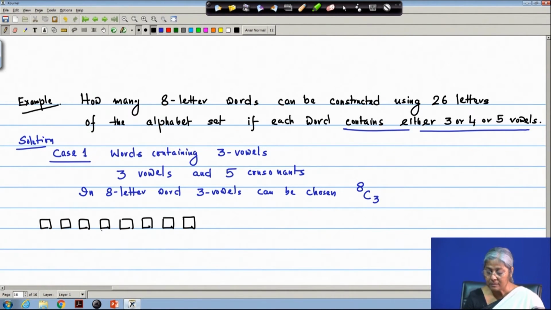These 3 vowels I can put in 8C3 different ways. The vowel can be here, here, or here.